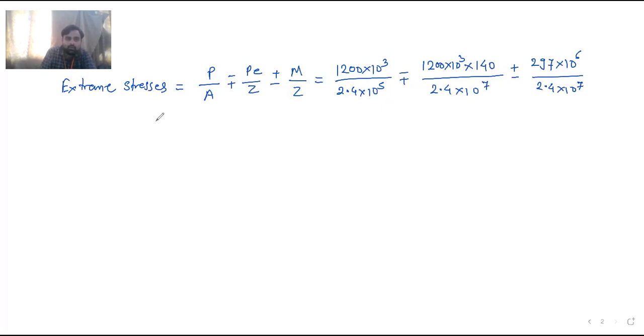Now solve each bracket and let me know the values. This is our first term, which corresponds to P by A. Second term corresponds to PE by Z. And third term corresponds to M by Z. Let me know the values.